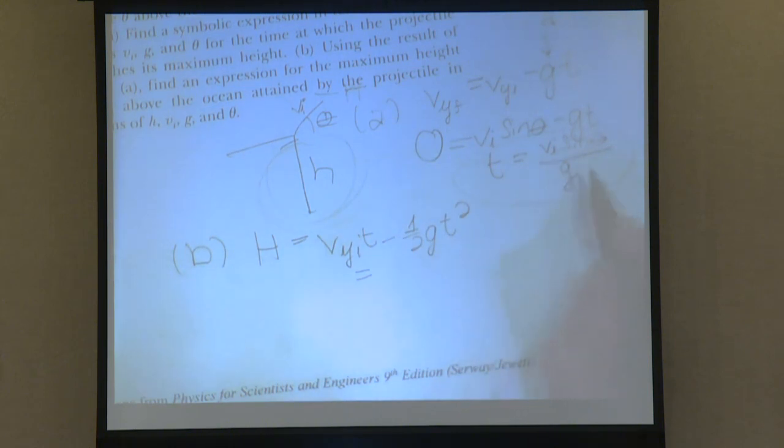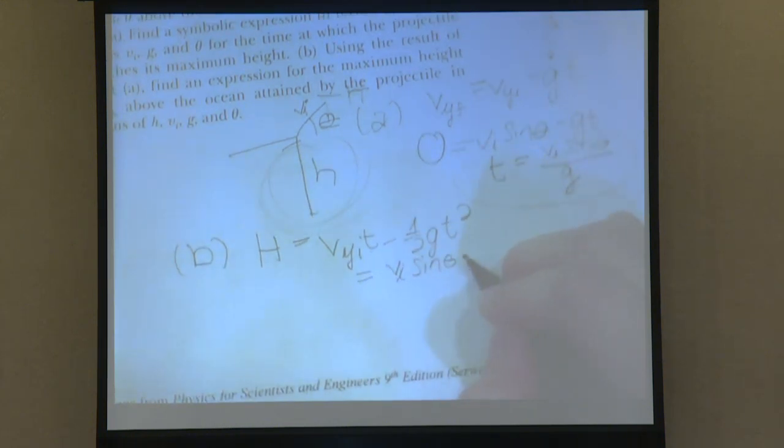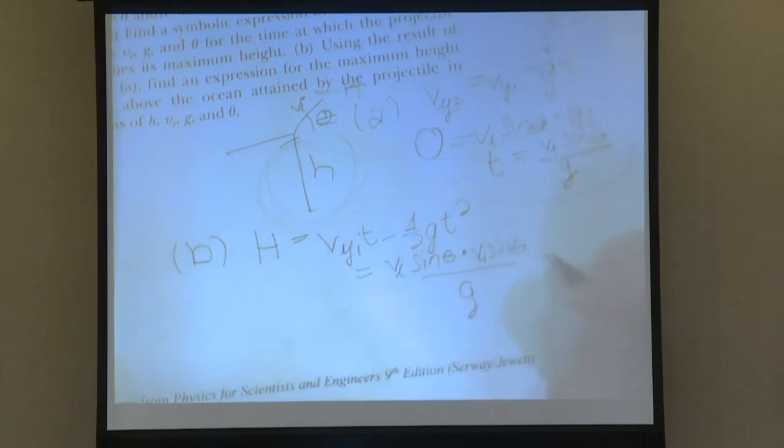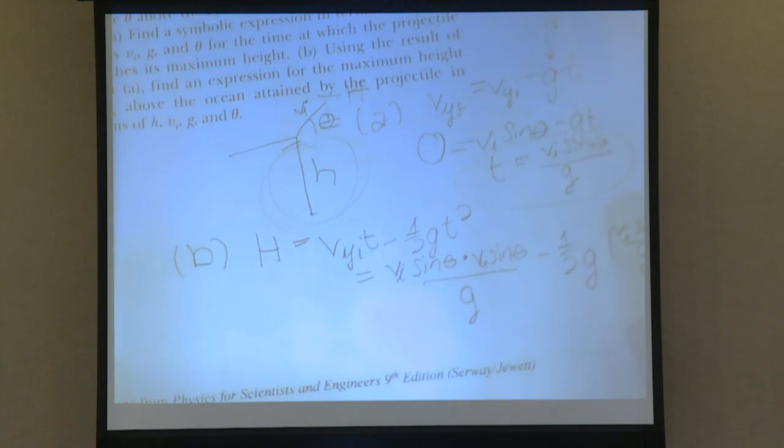What we want to do is plug in this value for t. So then we're going to have vi sine theta times vi sine theta over g, minus 1/2 g times vi sine theta over g, squared.